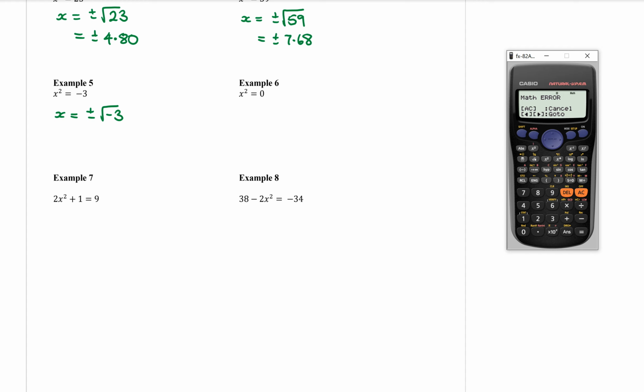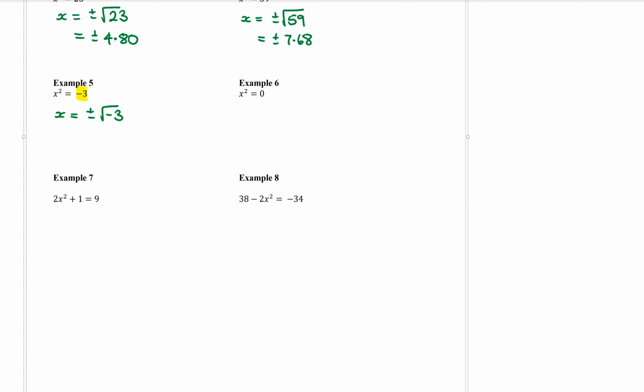So whenever you have a negative in here, you're not going to be able to get a solution. We simply say for this type of equation that there is no solution. Okay, we can't square root negative 3. There is no solution. So look out for those ones.